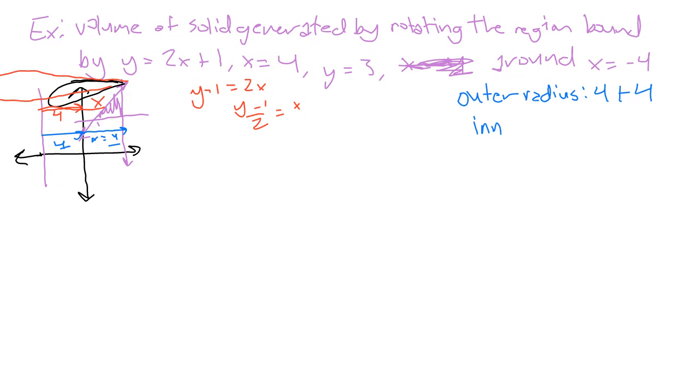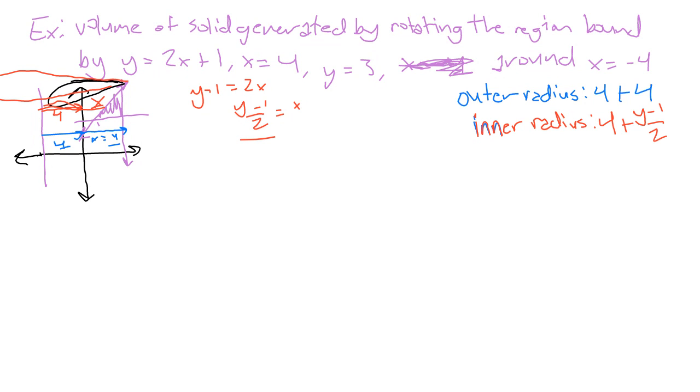Our inner radius is going to go from this 4 here, so 4, plus this x equation, which we said was equal to y minus 1 over 2.